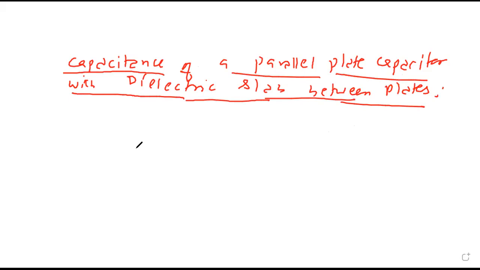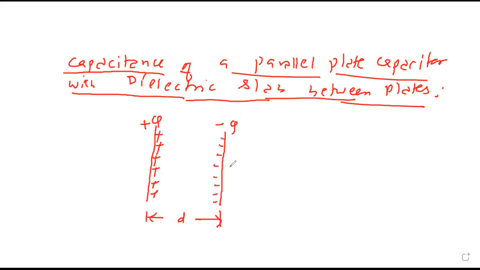So suppose these are two plates separated by distance d. One plate has positive charge plus q, the other has minus q. So this is plus plus plus, minus minus minus throughout. Outer is earth.